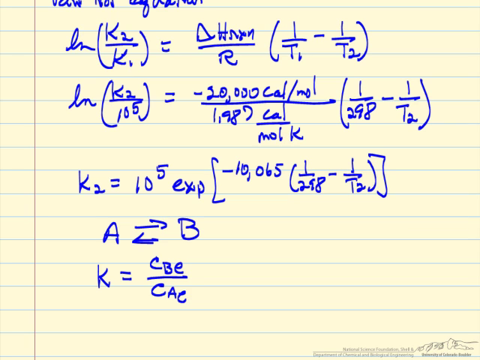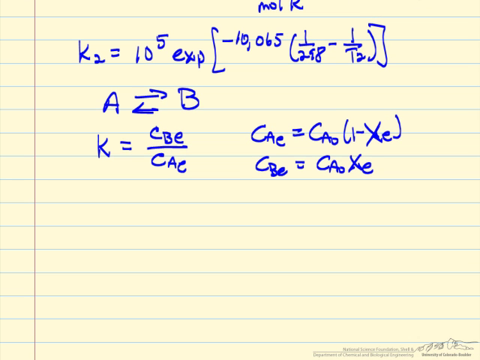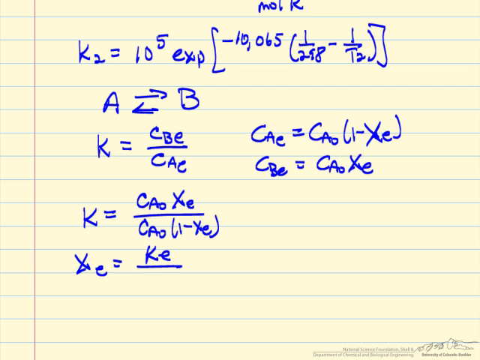This is the equilibrium concentration of B over the equilibrium concentration of A, and we can write the equilibrium concentrations in terms of the conversion at equilibrium, just to make it easy to simplify the equation. So the equilibrium constant equals CA0 times the equilibrium conversion, so that the equilibrium conversion is related to the equilibrium constant. And of course, the equilibrium constant is this term here, which is a function of temperature.